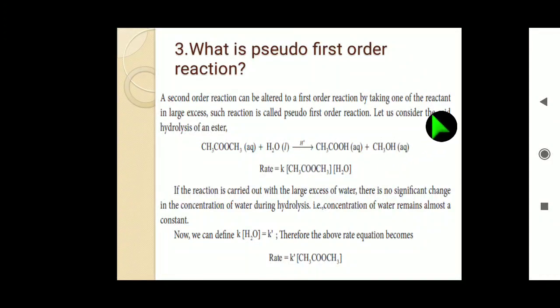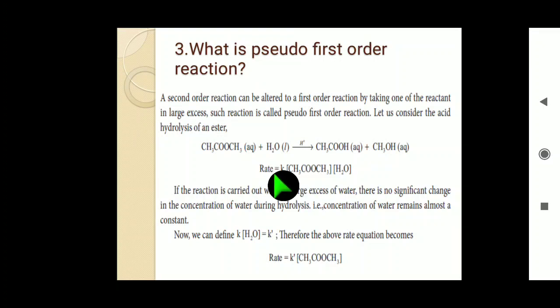Okay, simply we can write: a second order reaction can be altered to a first order reaction by taking one of the reactants in large excess. One of the reactants, which is water, is in large excess, and that is called a pseudo first order reaction, ester hydrolysis.